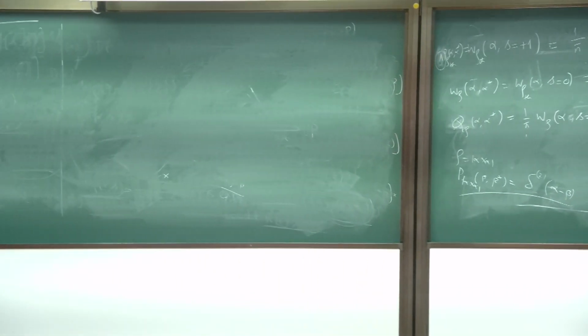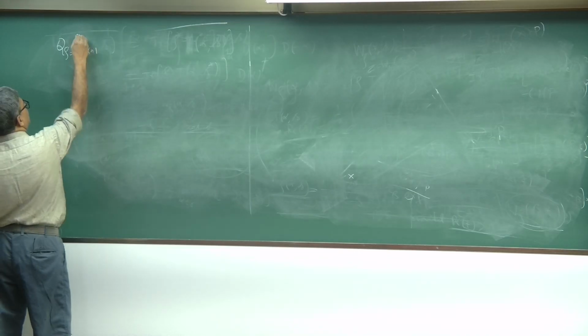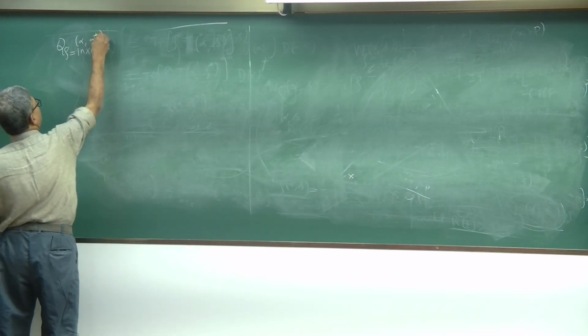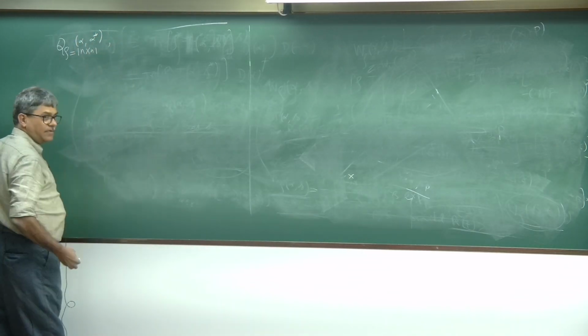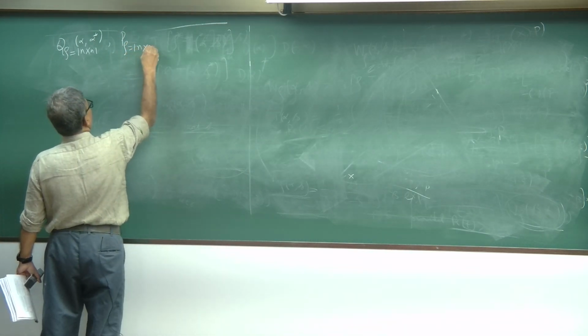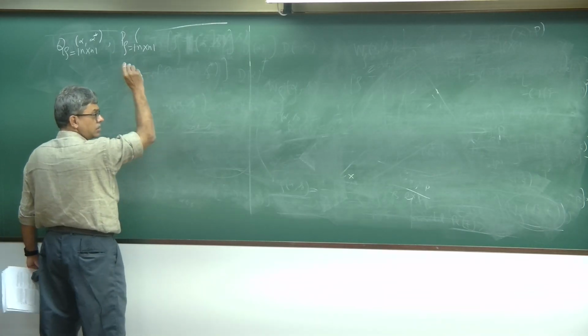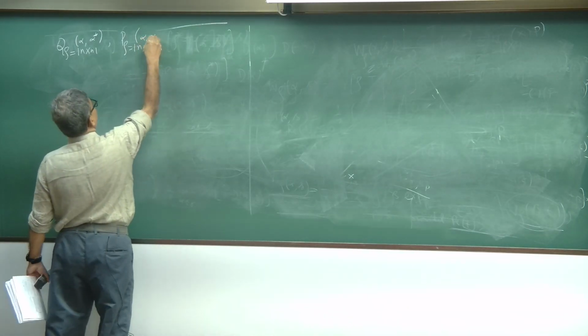What you can figure out is, let us say, a number state: rho n, and what is its W of alpha, alpha star.